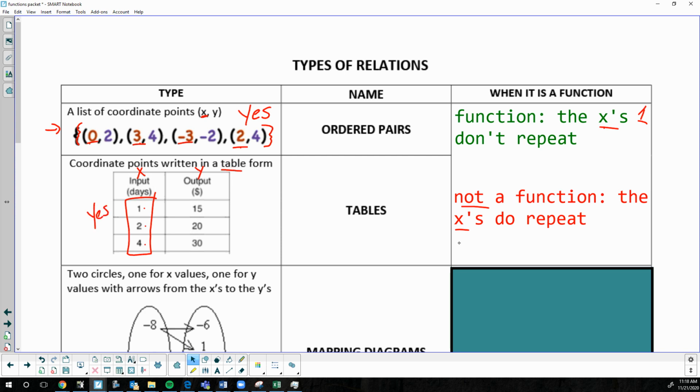So an example of what not a function would look like, I will do ordered pairs just because it fits better here. So I'm going to give you some ordered pairs. You'll notice that they're separated by commas.